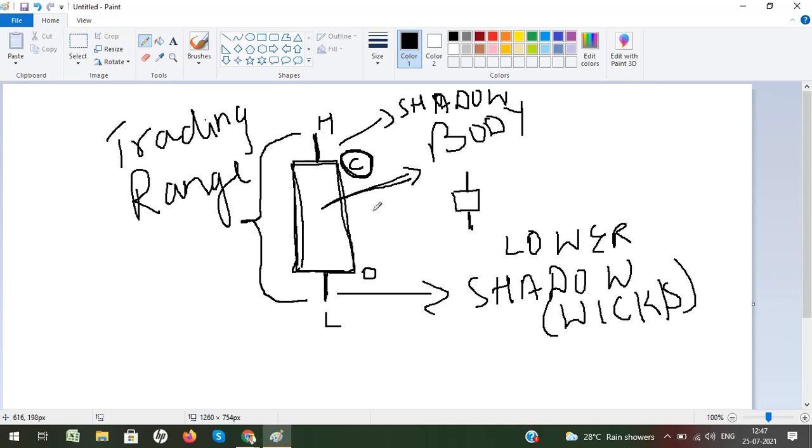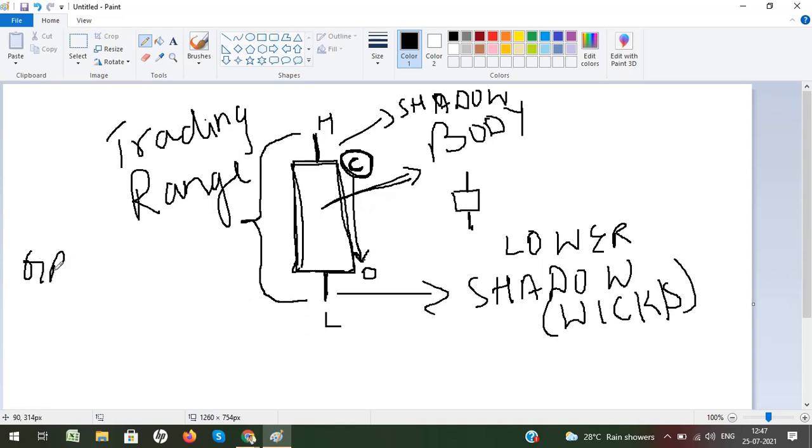Whenever you see a closing price which is above the opening price, see in this case, where is the closing price? It is above the opening price. So whenever the closing price is above the opening price, that candlestick body will be green in color.